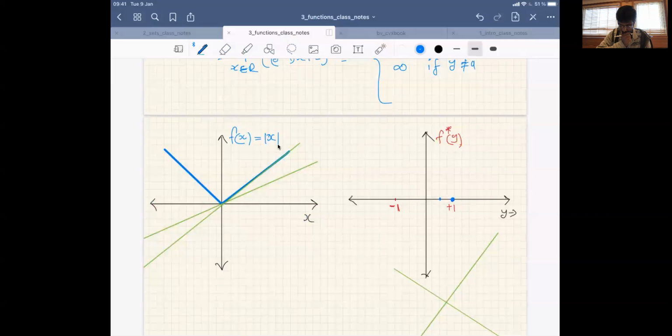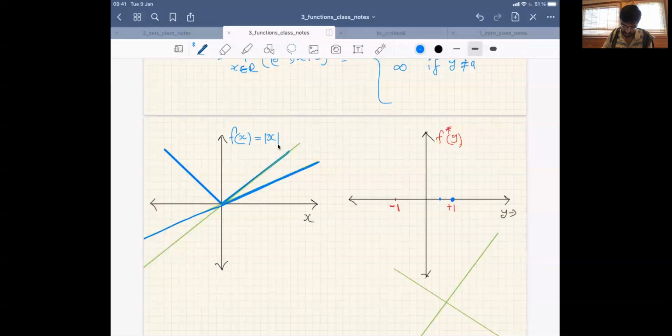It's zero or infinity, but the definition says we have to subtract this guy from the function and see the maximum distance, right? Or difference. What will be this case?